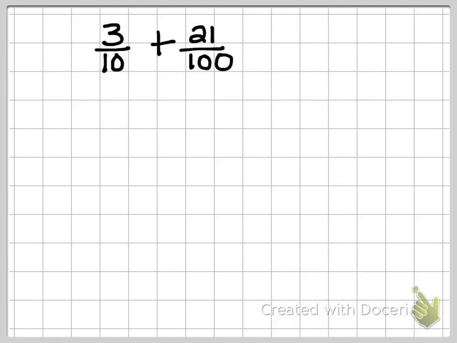Now, just as we have to change the denominator when we're working with regular fractions, we need to do the same when we're looking at decimals. Here's 3 tenths, and we need to add 21 hundredths. A common mistake, and I'll show you that over here.